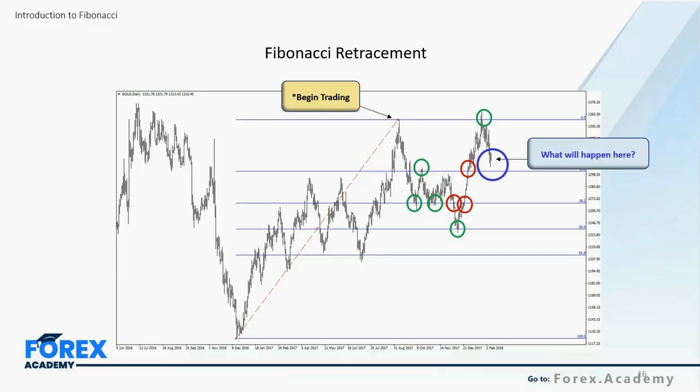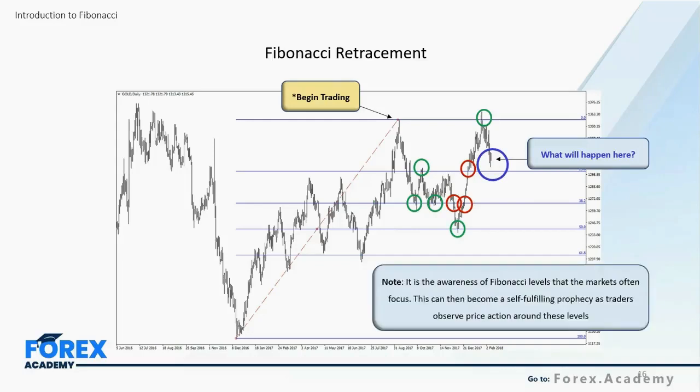We know that it's technically significant and that many other traders are focusing and monitoring their technical trading decisions around this retracement level. It is the awareness of these Fibonacci levels, therefore, that the markets often focus their attention on. This can then become a self-fulfilling prophecy as traders observe price action around these levels.